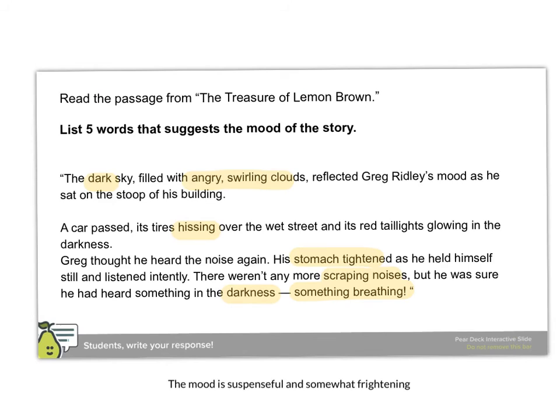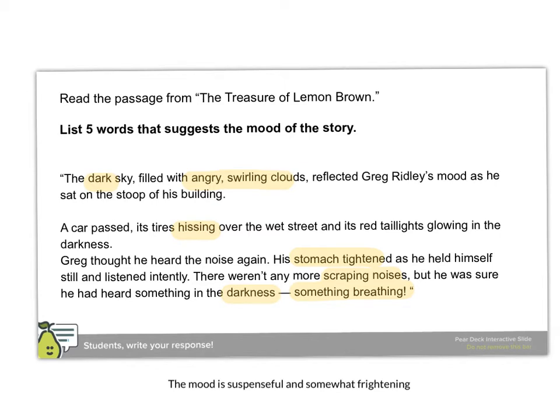So in this passage from The Treasure of Lemon Brown, we're looking at words that suggest mood. The dark sky, filled with angry swirling clouds, reflected Greg Ridley's mood as he sat on the stoop of his building. A car passed, its tires hissing over the wet street and its red taillights glowing in the darkness. Greg thought he heard the noise again. His stomach tightened as he held himself still and listened intently.